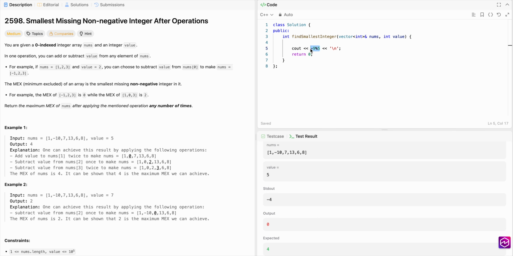And what is -9 plus 5 modulo 5? It should be a similar value. I mean, it's the same thing.